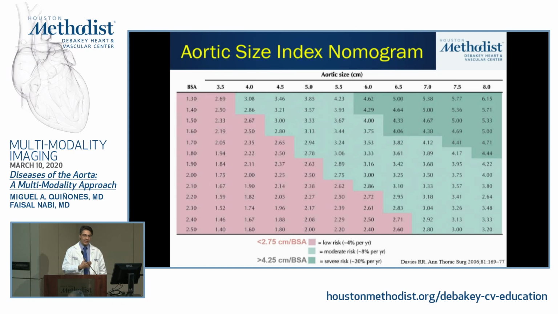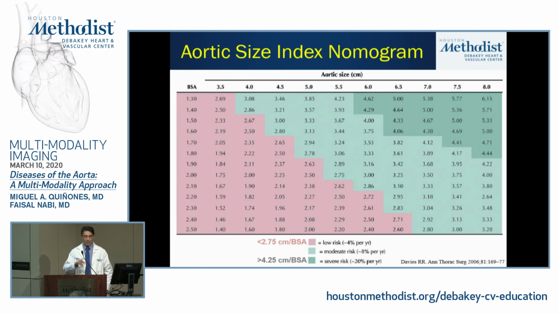Even if you index to BSA, we know there are problems in indexing to BSA. People are unfortunately a lot bigger today than they were in the past, and you may underestimate a patient's risk, so this doesn't correlate very tightly with prognostic data.